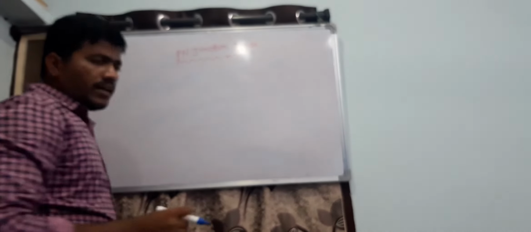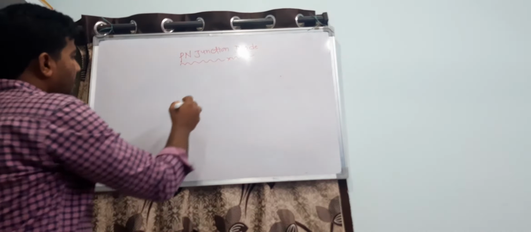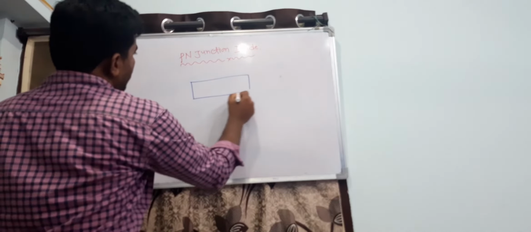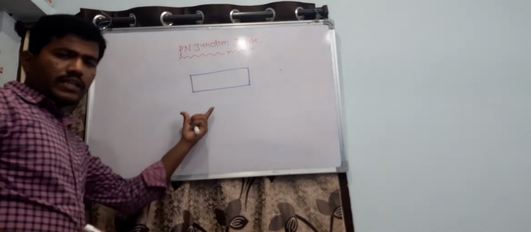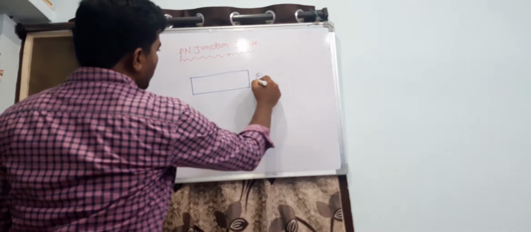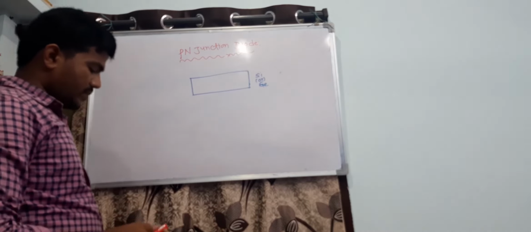To prepare the PN junction diode, first we should consider a semiconductor bar. The semiconductor bar may be silicon or germanium. I am considering silicon here.